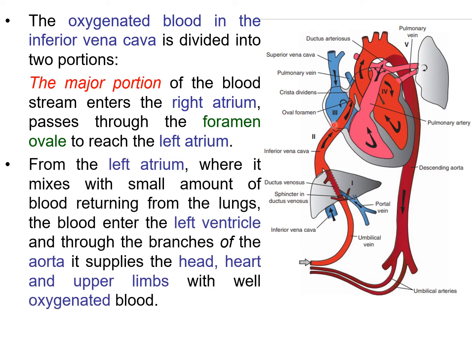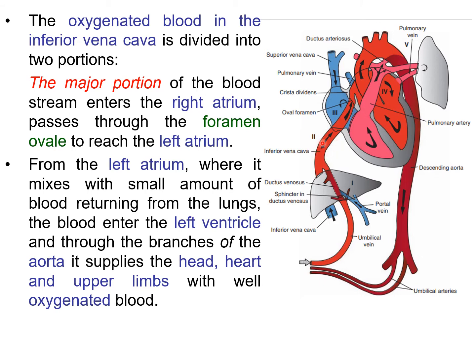The oxygenated blood in the inferior vena cava is divided into two portions, if we can say. The blood is destined toward the right atrium, and when it enters the right atrium, the major portion of the blood stream passes through the foramen ovale to the left atrium.